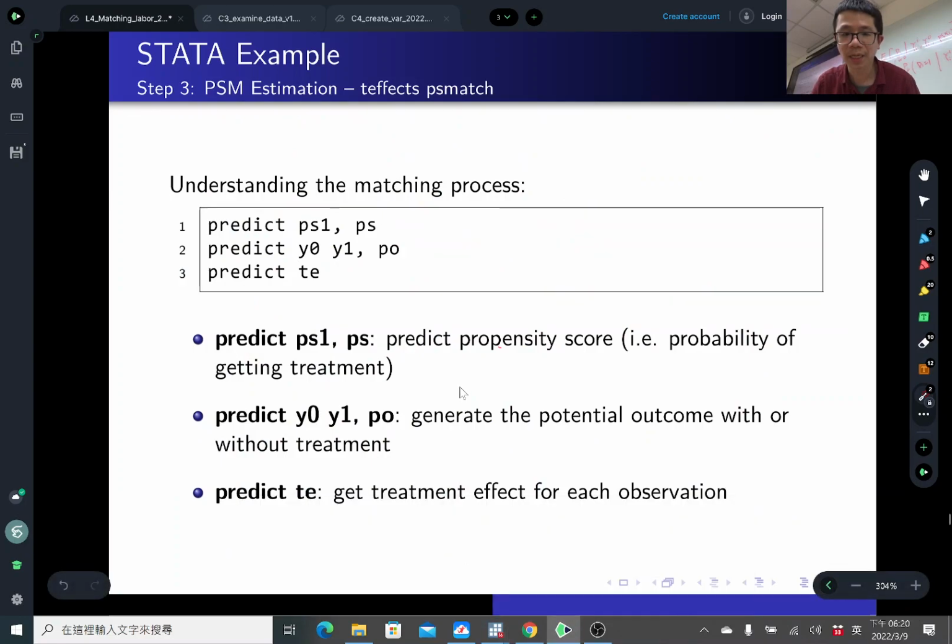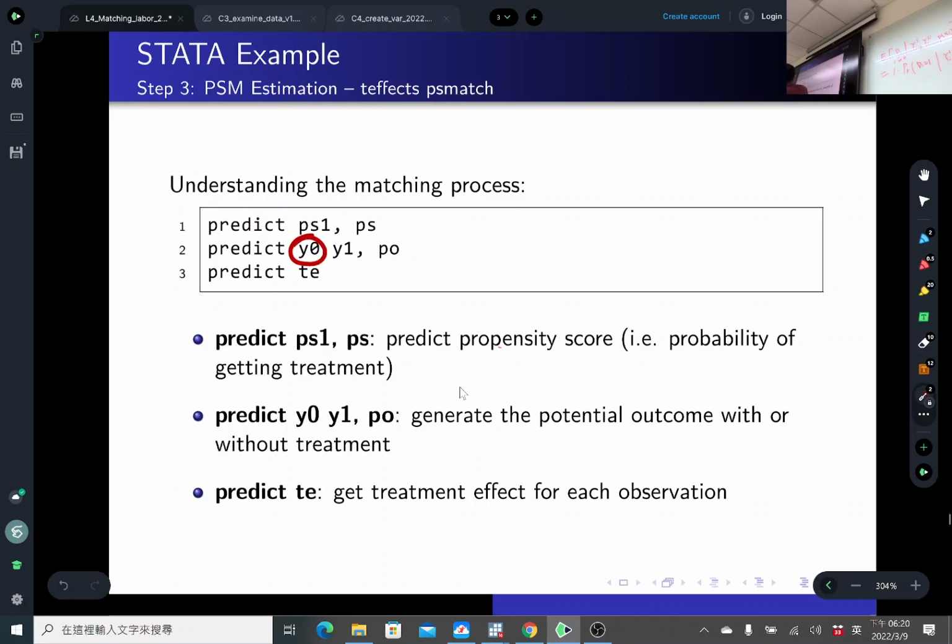You can also predict a potential outcome, y1 and y0. For example, if you are in the treatment group, you get a treatment. The y1 basically is your observed outcome, your earning, RE78.